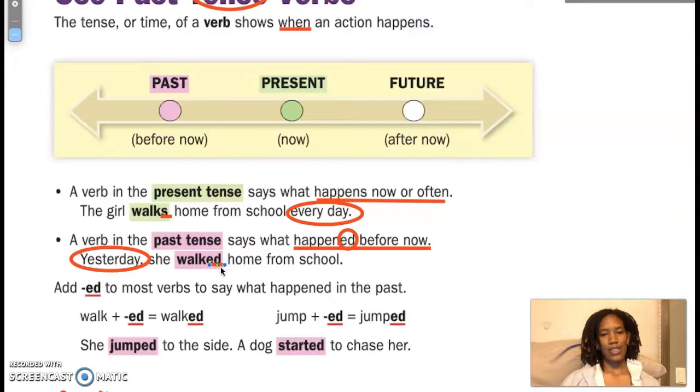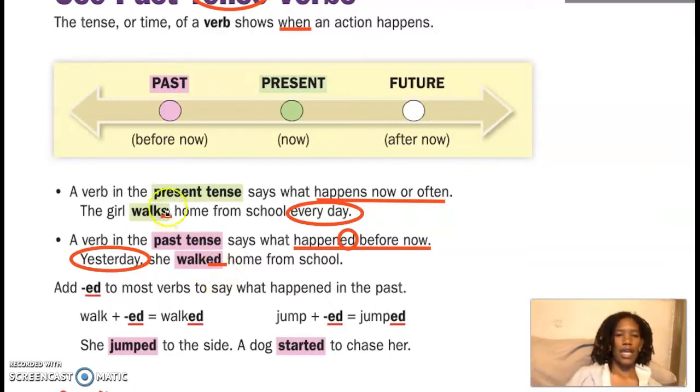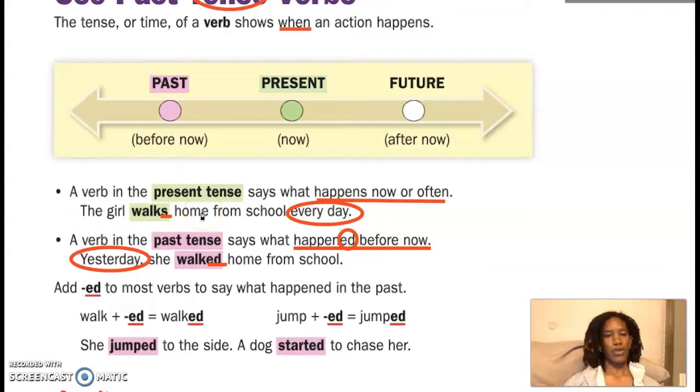But the S here is for subject verb agreement, and then you have ed that expresses past tense. Or did I say present tense, past tense? I'm sorry, y'all.